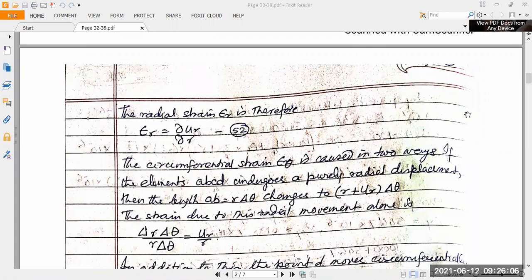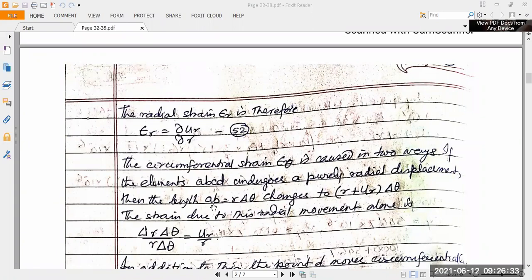Due to the radial displacement there are certain changes in the in-between angle, but the angle is not changing by its own without changing the radius itself. With this assumption, the length is defined as r delta theta.